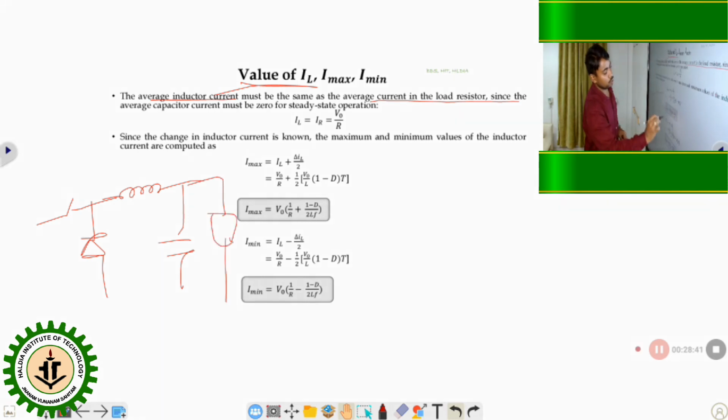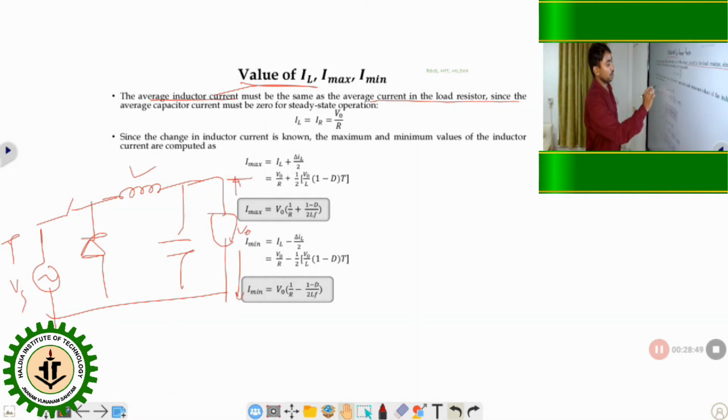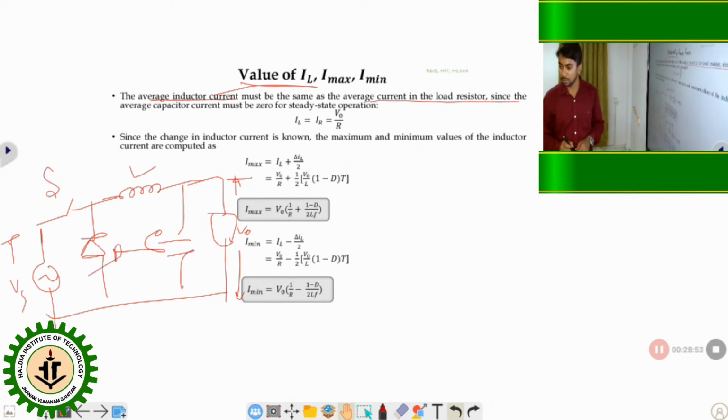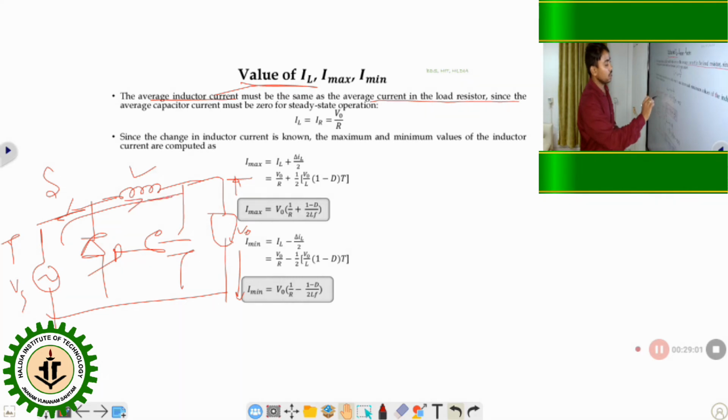Now for the value of IL, when the switch is closed, current will flow through this path. This current is the same as the load current also. Some current will flow through the capacitor part. Here we assume that this capacitor current is very small, so we can neglect it for the steady state concept. So the average inductor current must be the same as the average current in the load resistance. Here we can calculate the IL.